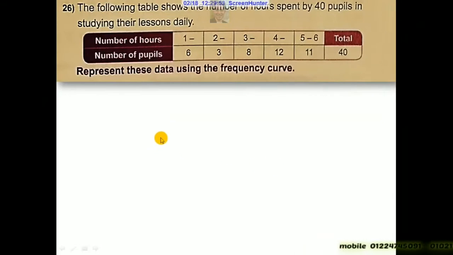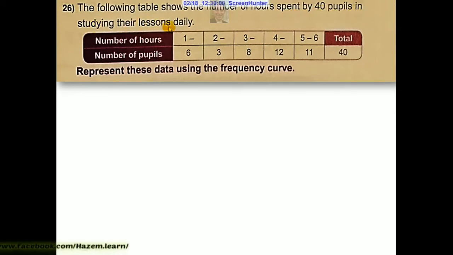The last exercise here: the following table shows the numbers of hours spent by 40 pupils in studying their lessons daily. The first row refers to the number of hours, and the second row refers to the number of pupils. Represent this data using the frequency curve.